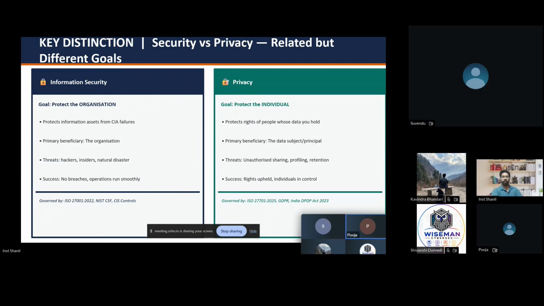Yes, employees is covered. What else? Company owners. They are also insiders, right? The stakeholders of the company.